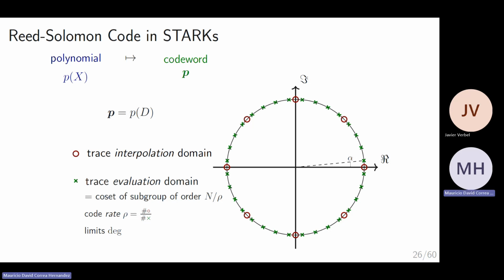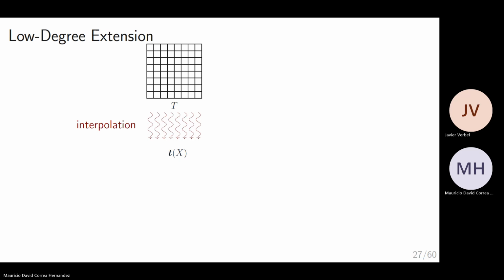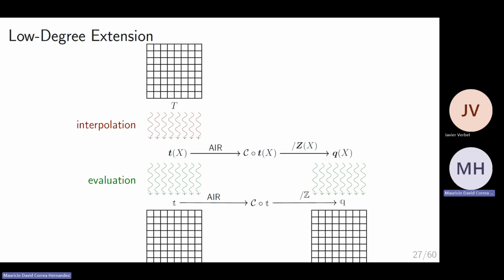Okay. So we are interpolating the trace, then composing with the AIR, and then dividing out the zerofiers. And then we continue by evaluating the trace polynomials as well as the quotient polynomials. And now we have a commutative diagram.